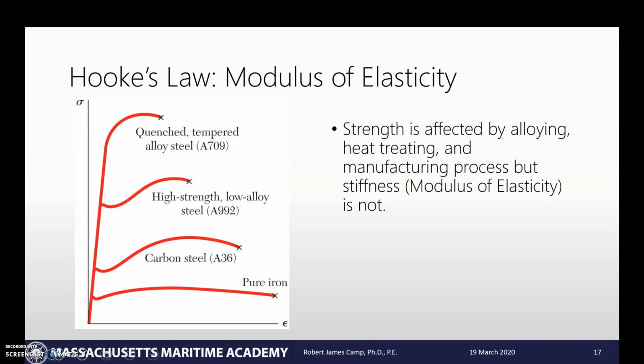So these have all been heat treated differently, and so if you can see it, they have different curves here once we get out into the plastic deformation. But you'll also see they all have the exact same Young's modulus. And as the slide here says, strength is affected by alloying, heat treating, manufacturing. Stiffness is not. No matter what we do to the material, it's always going to have the same Young's modulus.